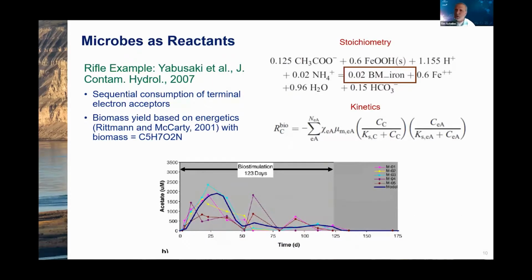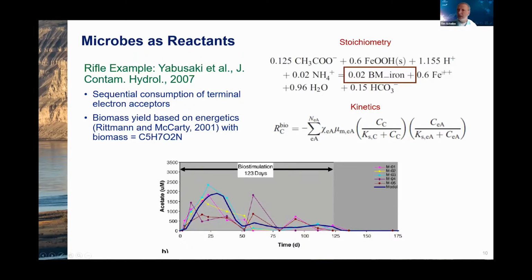Now, as we move forward in time, people began to recognize, including the Rifle team, that the biomass itself was an important product and reactant in the system. And so now you can see that many of the models used at Rifle, for example from Yabusaki et al. in the Journal of Contaminant Hydrology in 2007, have this term appearing in the stoichiometry, where the biomass of the iron reducers is explicitly represented, and the amount of biomass affects the rate of microbial iron reduction in the reaction term.